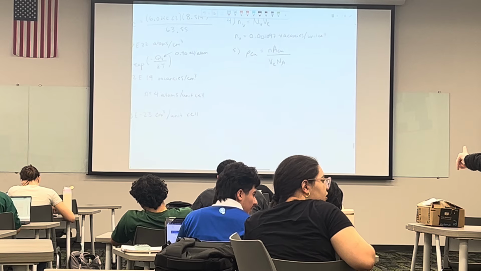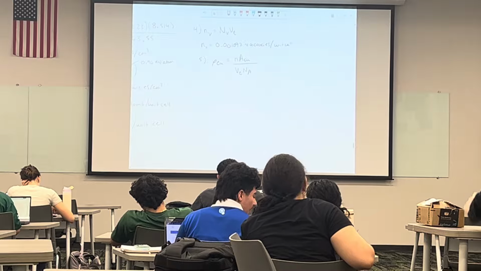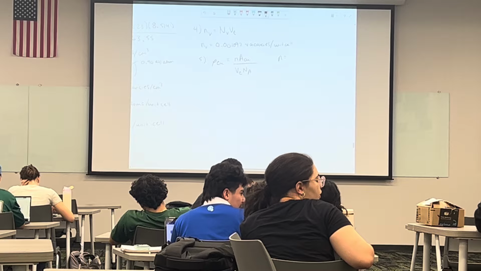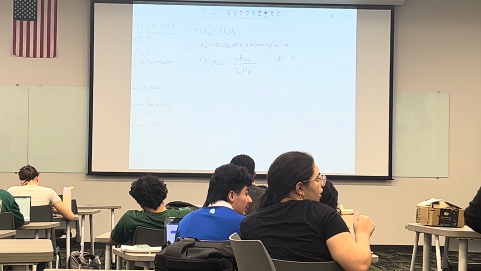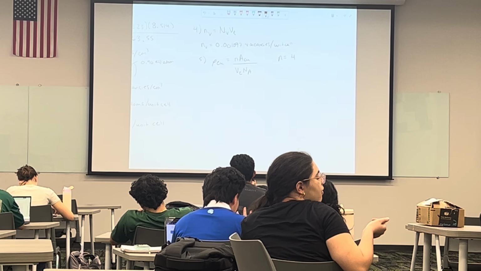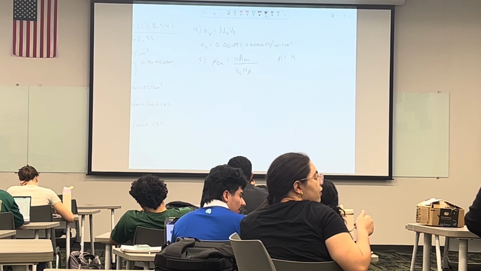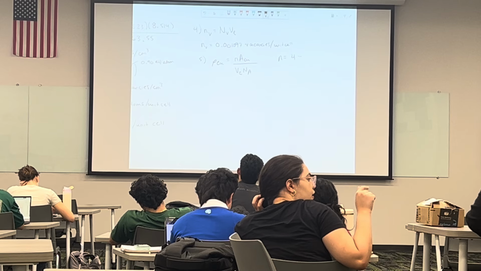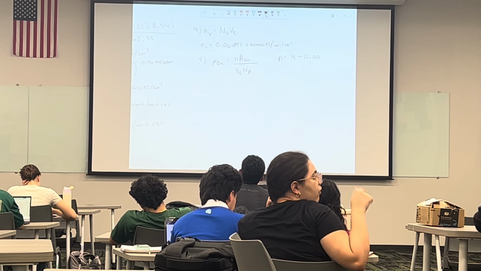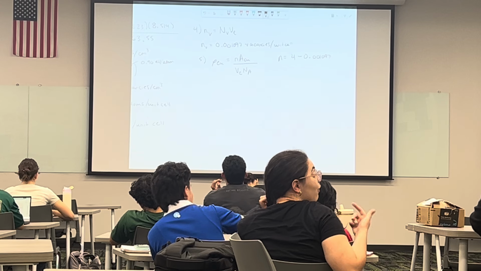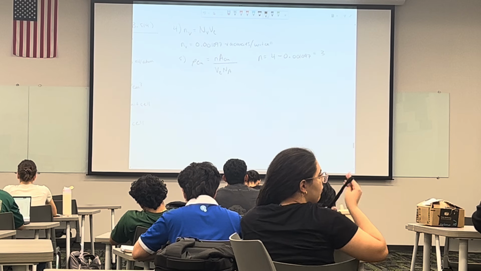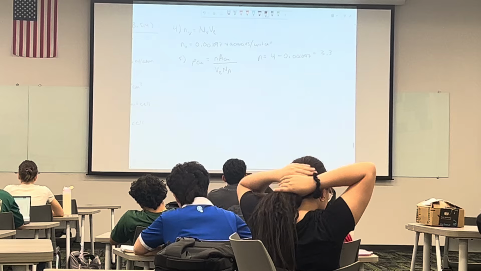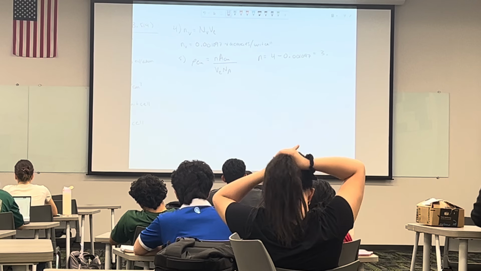So I'm going to rewrite this. So there's theoretically 4 atoms per unit cell, but as we just calculated, the vacancies per unit cell, that's 4 minus 0.001097. That gives us about 3.99.